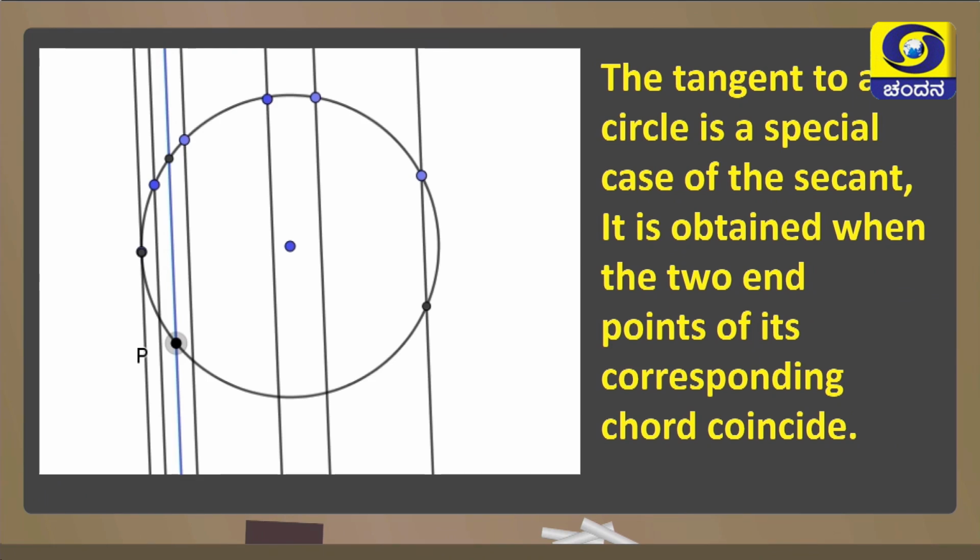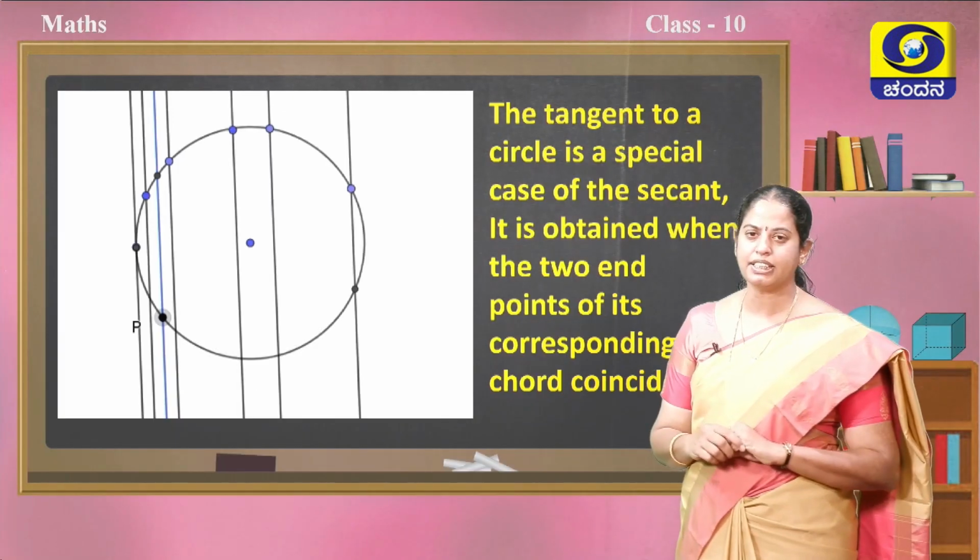That means, by this video we can conclude that the tangent to a circle is a special case of the secant. As the distance between the intersecting points becomes less, it is no more a secant. When the two intersecting points coincide with one another, it is no more a secant, it becomes a tangent.